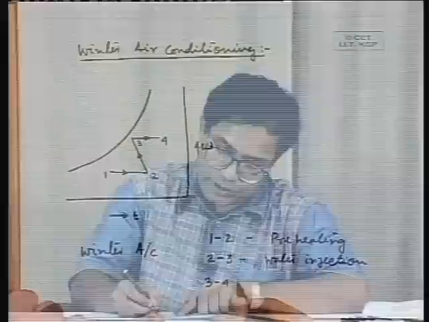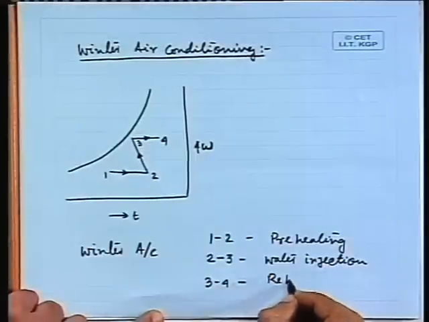This curve may not be parallel to the constant wet bulb temperature curve, but it may be at an angle with it. In some cases, if you control the process well, it can be parallel to the constant wet bulb temperature curve. So, 2 to 3 water injection and 3 to 4 again reheating.